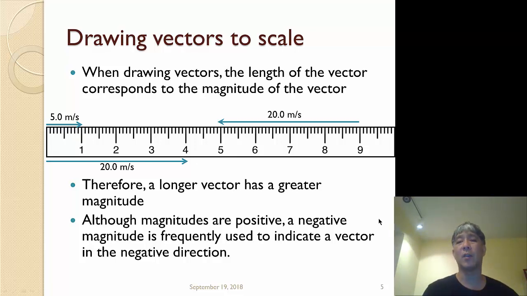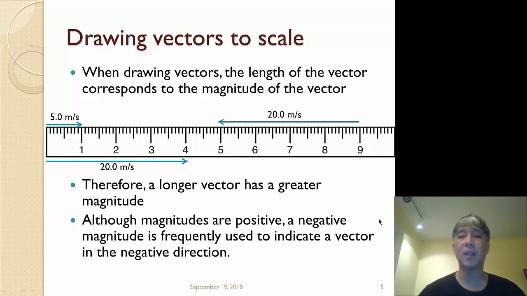Notice it points to the left, and that arrow direction is going to be used throughout our class. The magnitude of a vector is generally positive, because it measures the length or the size of your vector. It doesn't make much sense to say that I am a negative 1.4 meters tall. But if I mention something like that, you would probably understand that I'm 1.4 meters tall, I just measured downwards for some odd reason.